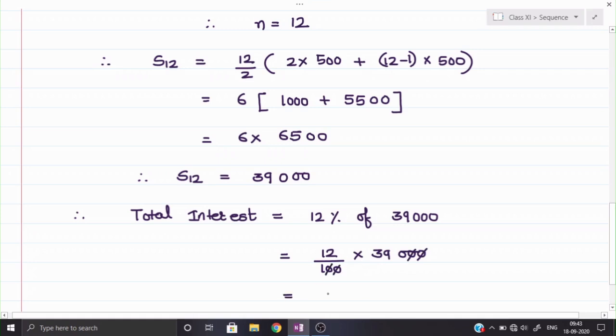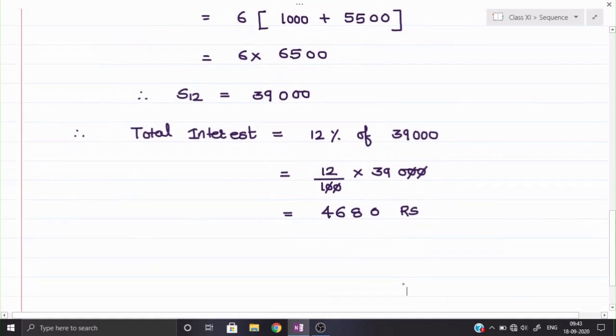One 0 will remain here. 12 nines are 108, carry 10, 12 threes are 36 plus 10, I think it is 4,680. Please see if there are calculation mistakes. Once we can check, 12 nines are 108, carry 10, 12 threes are 36 plus 10, 46. So see, this is the interest part he is paying.